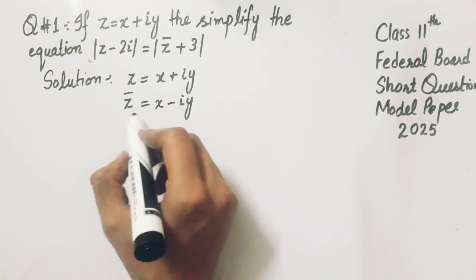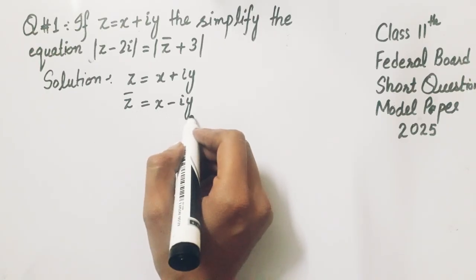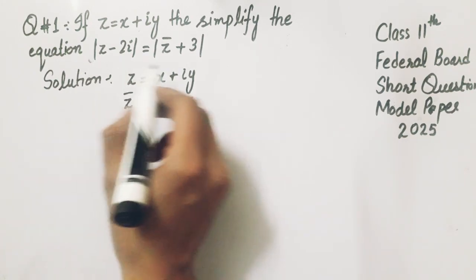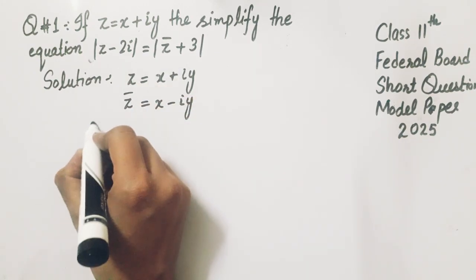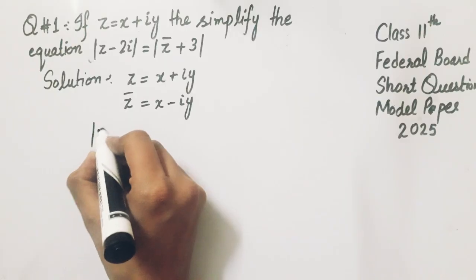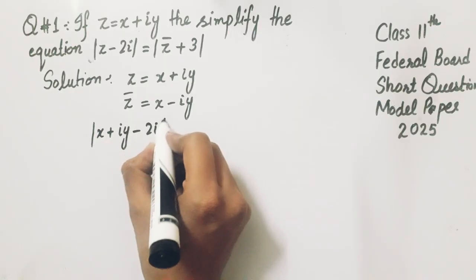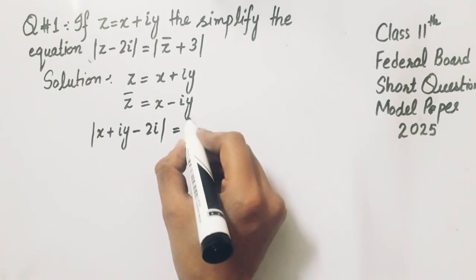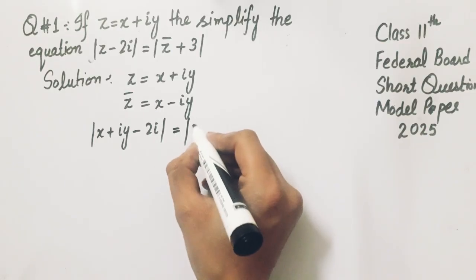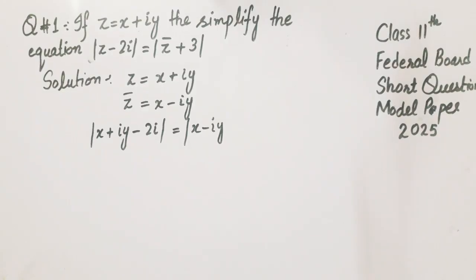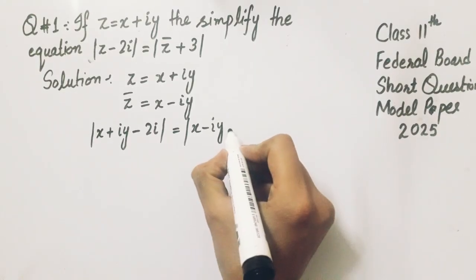That's why z bar is equal to x minus iota y. Now we will put the values in this given equation, that z is equal to x plus iota y minus 2 iota and z bar which is equal to x minus iota y plus 3.